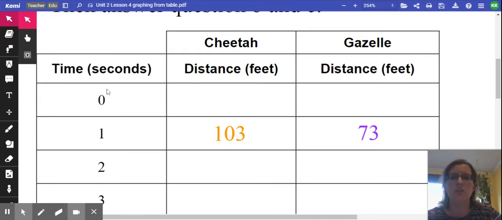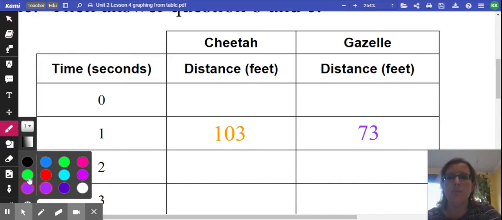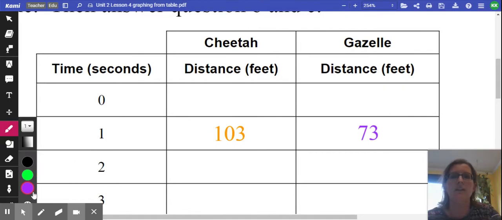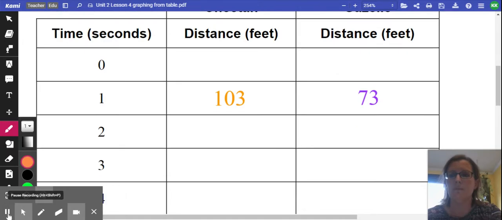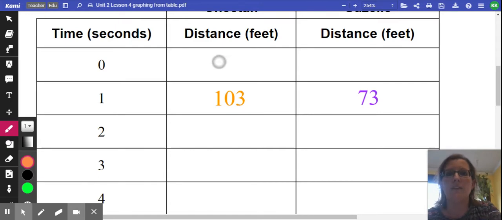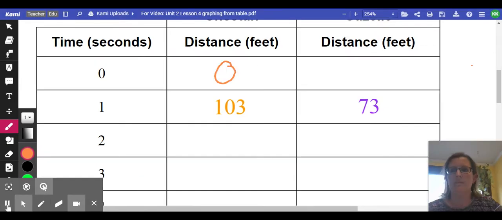I know just logically that if the cheetah hasn't moved yet, then it's going to have gone 0 distance in 0 seconds. So my first ordered pair would be the time of 0 seconds and a distance of 0 feet.